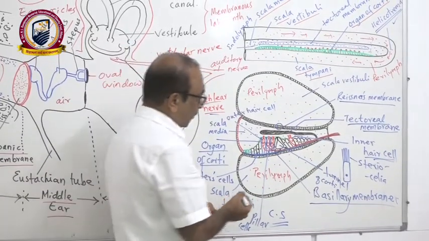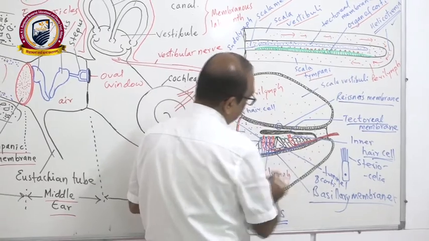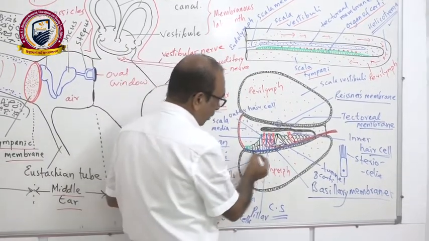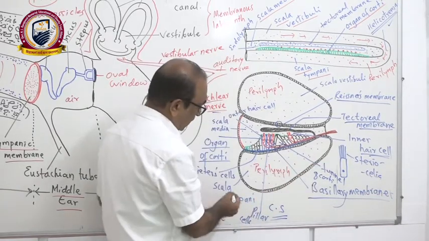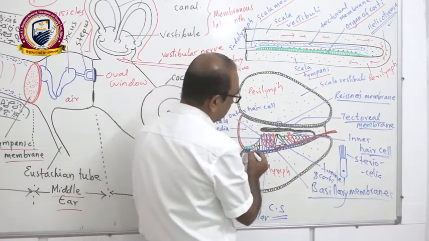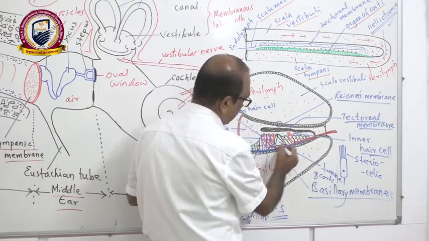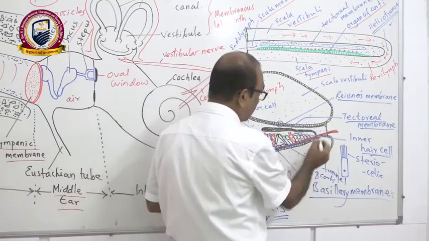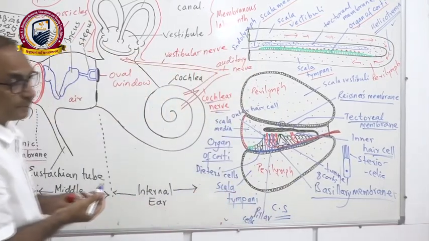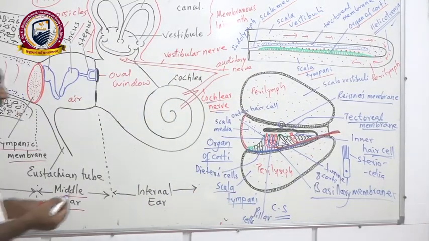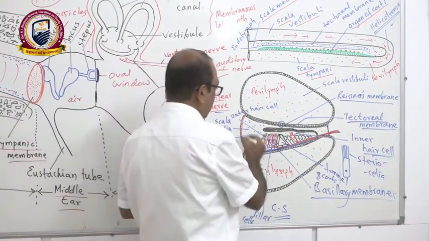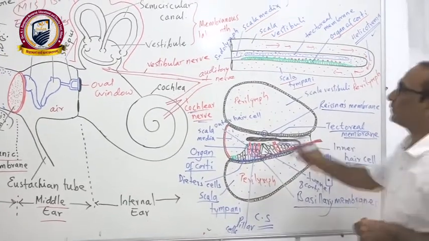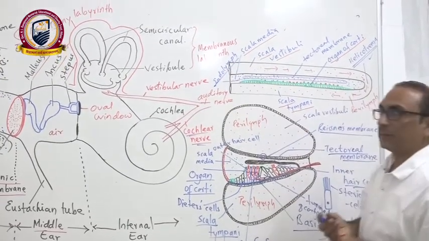It is made up of a thin layer of cells, the lining of this scala tympani, and the basement membrane of these epithelial cells and some collagen fibers together make up the bacillary membrane. And the liquid inside the scala media, as I have told you, is the endolymph, labeled here.